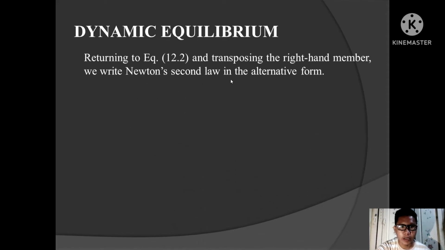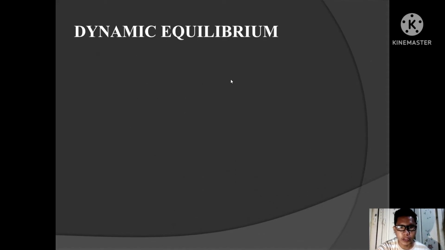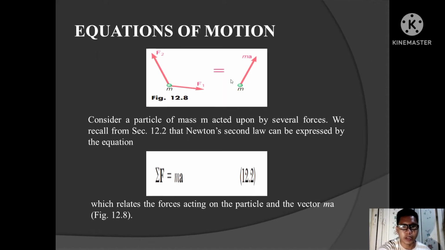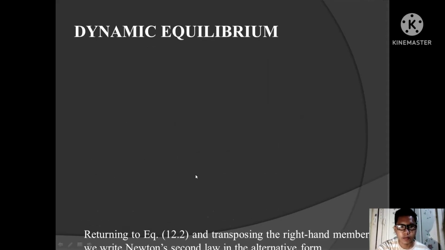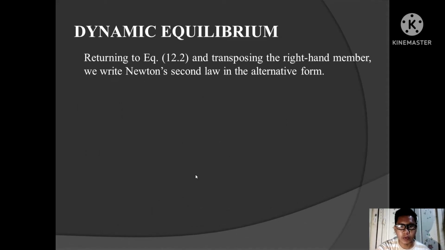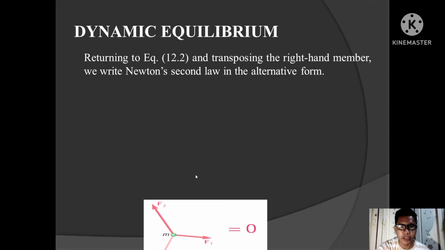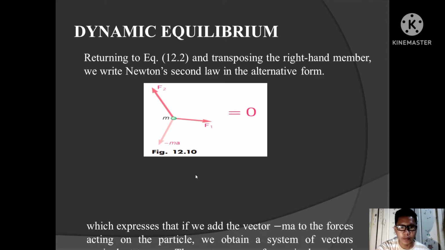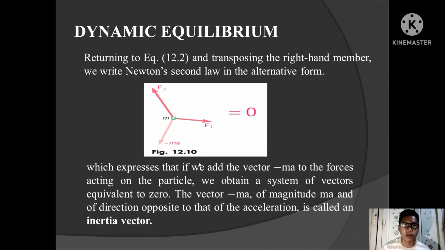Returning to equation 12.2, which is the one from earlier, transposing the right-hand member, we write Newton's second law in the alternative form. This figure expresses that we add the vector, which is the mass and the acting forces, the first one and first two.